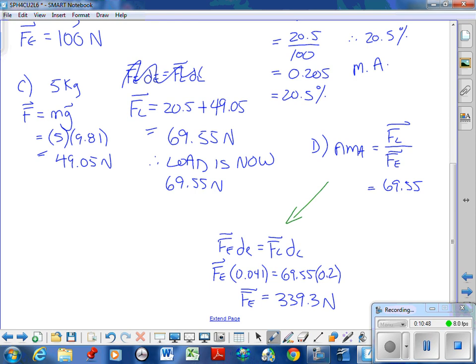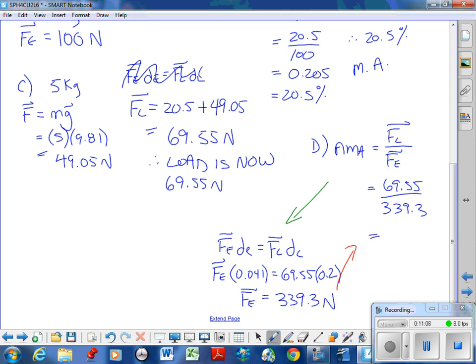So now your arm, your tricep, has moved from doing 100 newtons of force to doing 339, so it's over tripled it. So now I can return with that number. I just knew when I got to this part of the formula, I don't know my new FE. That's why I knew I had to go somewhere else to find that.